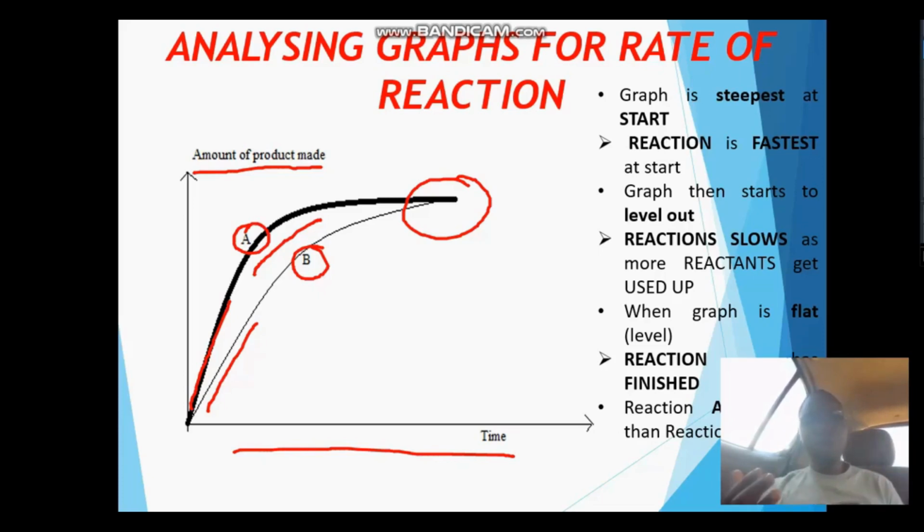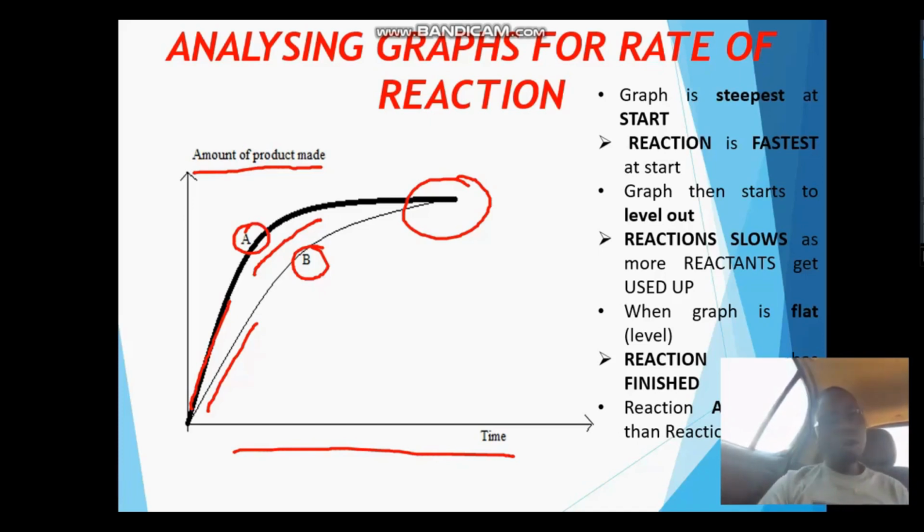Now, if you were asked which of the two reactions is faster, you'll note that reaction A is faster than reaction B. Why do we say so?